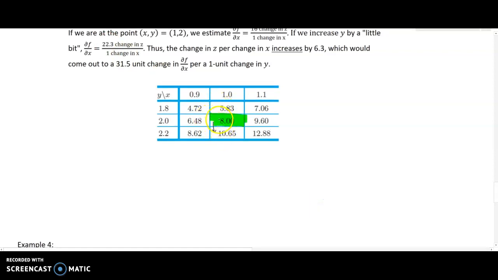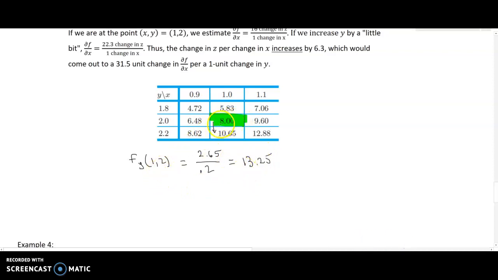If we increase y, we notice that at the point (1, 2), the z value changes from 8 to 10.65. So that's a 2.65 unit change in z for a 0.2 unit change in y, and 2.65 divided by 0.2 is 13.25.